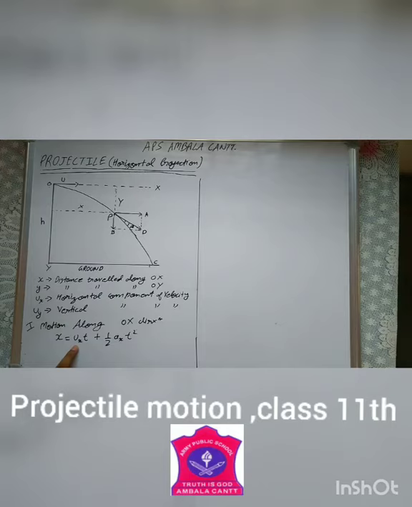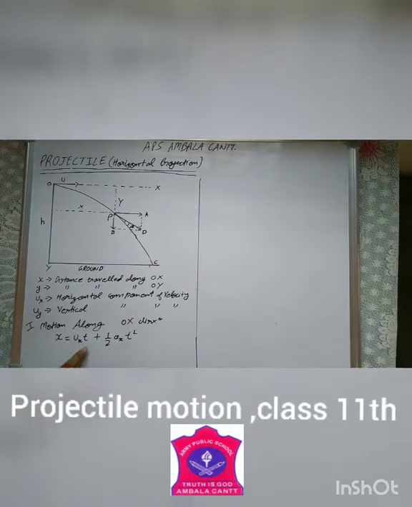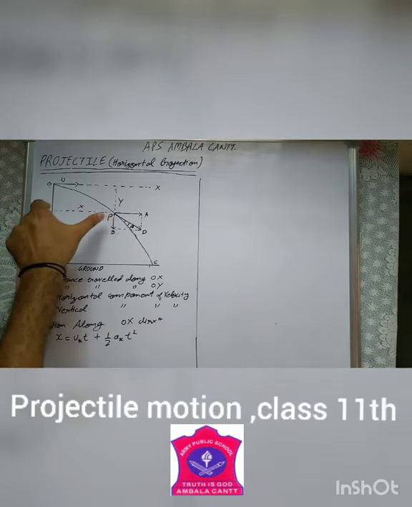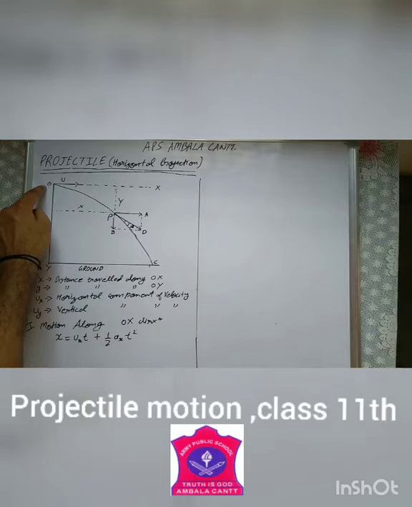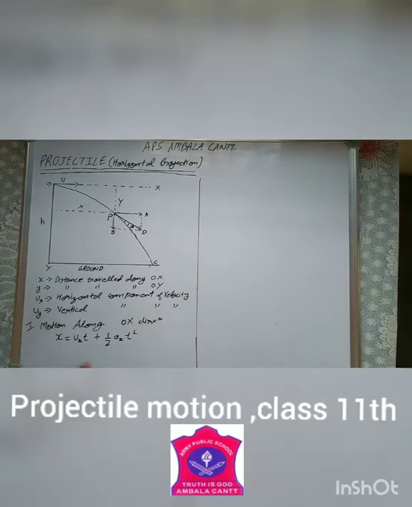Ux is the initial velocity given to the object along the x direction. T is the time taken by the object in traveling this x distance, from O to P. Ax is the acceleration felt by the object along the x direction.